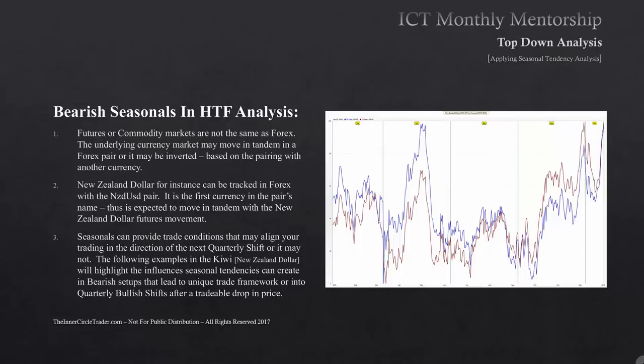When it gets real muddy and choppy back and forth, it makes it less likely there's a seasonal tendency there. But just quickly going over this chart, it should be obvious what time of year a significant decline in price is expected, and when there should be a significant increase in price for the Kiwi dollar. Let's zoom in and take a closer look, and we'll break this down into real specifics.